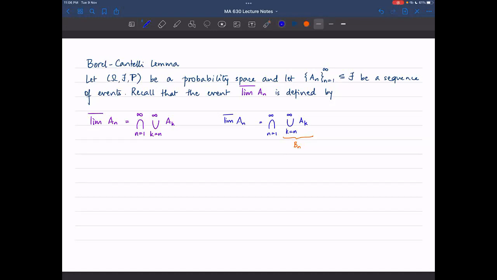So let me first write down what this event represents in words, and then I hope to convince you that this mathematically does in fact correspond to what I'm writing down in words. So here's what I claim.